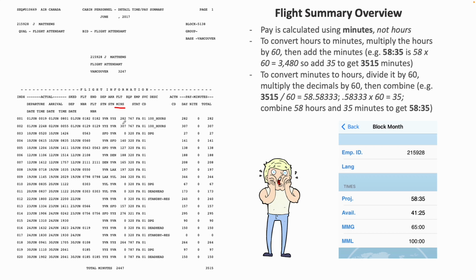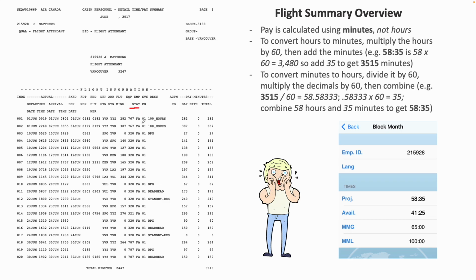That is the scheduled number of flight minutes for this particular activity. So it was 282 scheduled flight minutes. EQP, that represents equipment. So that is the aircraft type for the activity. And in this case, it was the Boeing 767 for the aircraft type.